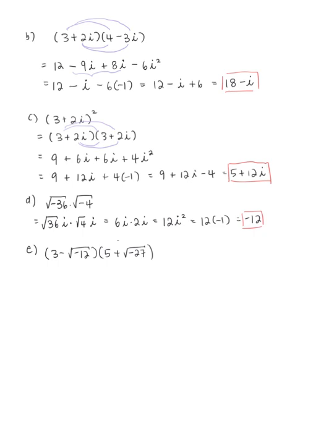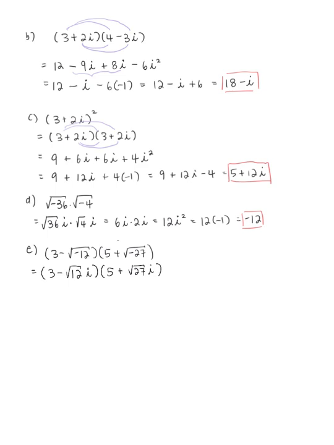So let's first rewrite this as 3 minus, okay, next we're going to simplify square root of negative 12. So here you're going to have square root of 12 times the i. All right, and the next complex number is going to be 5 plus square root of 27 times the i.